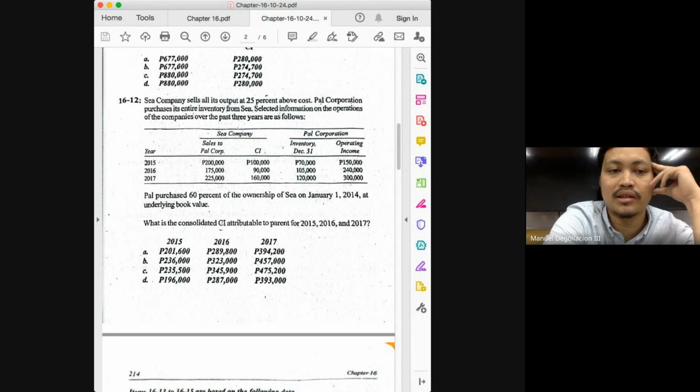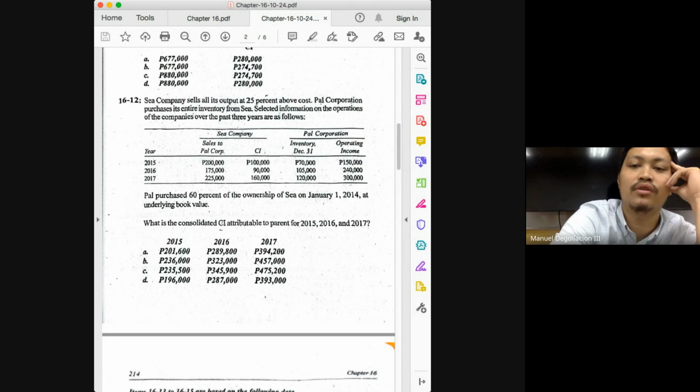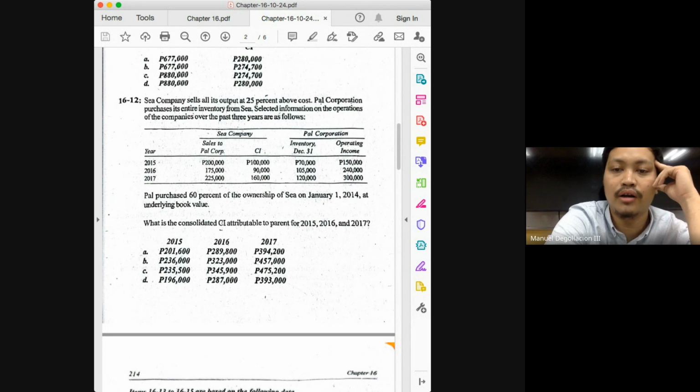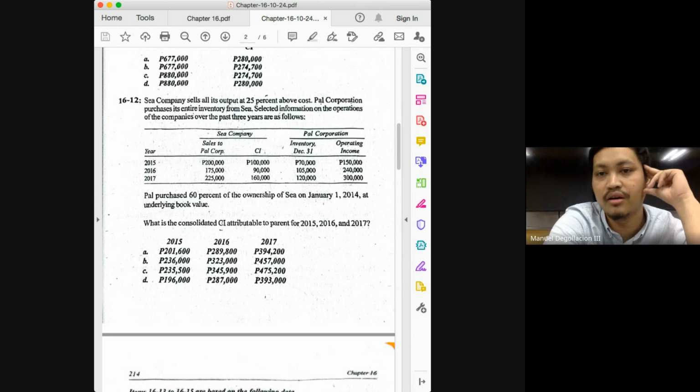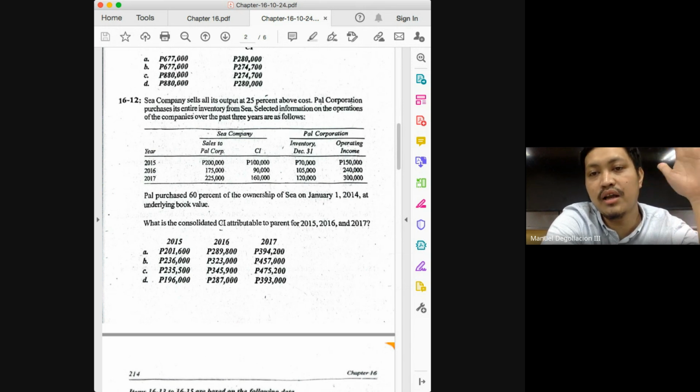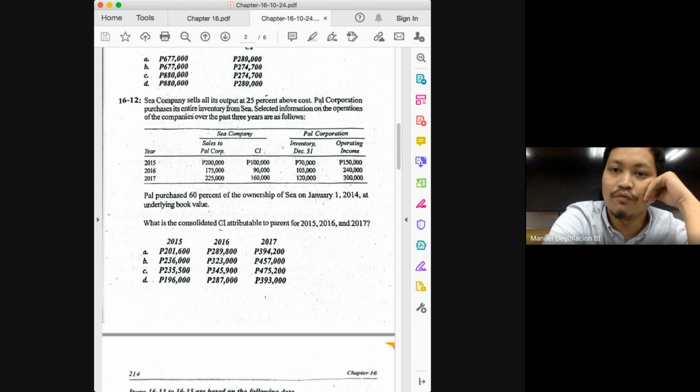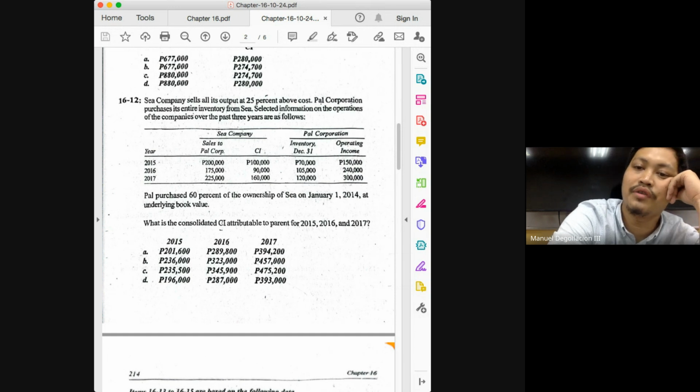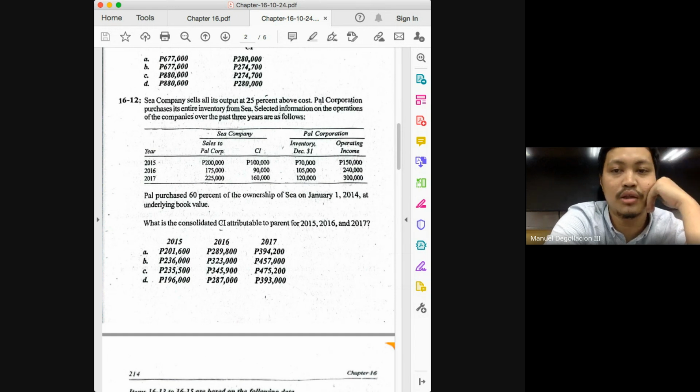Next, what's the second possible adjustment for intercompany sale of inventories? Again, the markup on ending. Do we have the information as to the ending inventory? Yes, 105,000. But again, it is not really the 105,000 we need. It is the markup on the 105,000. Okay? Since we've already converted the gross profit rate based on cost into the gross profit rate based on the selling price, 20%, we will be using 20%.